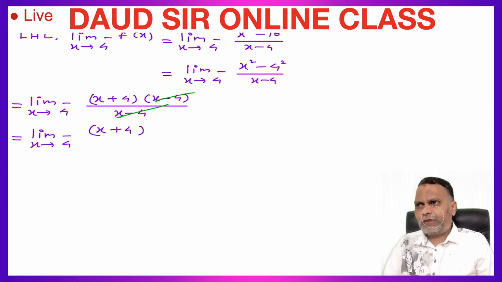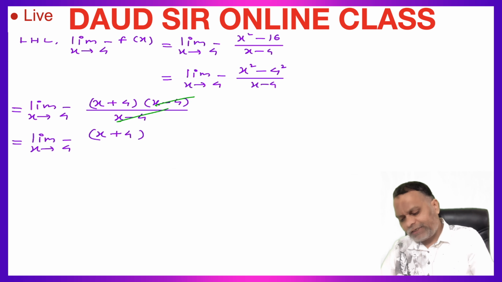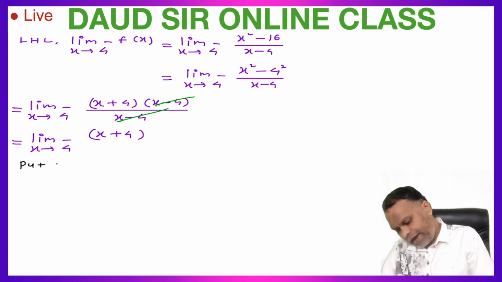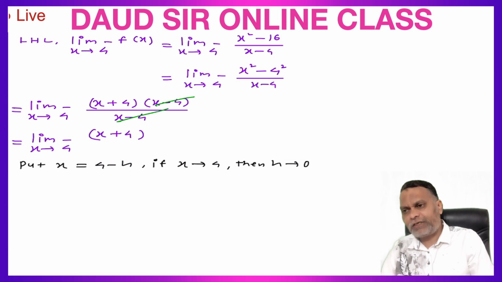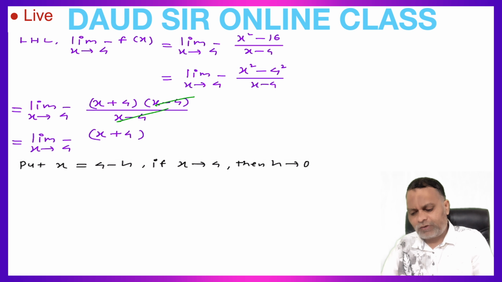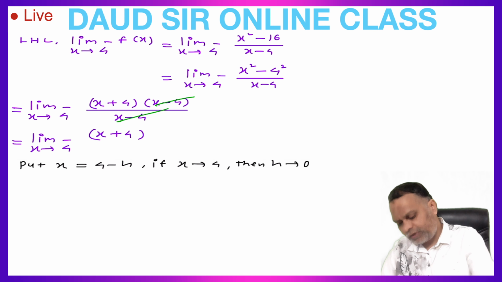Now we can substitute for the left hand limit a minus h, where a is equal to 4. So put x is equal to 4 minus h. Change tends to: if x tends to 4, then h tends to 0. How is it 0? Substitute this 4 minus h here. 4 minus h tends to 4, 4 cancelled, minus h tends to 0, that is h tends to 0.